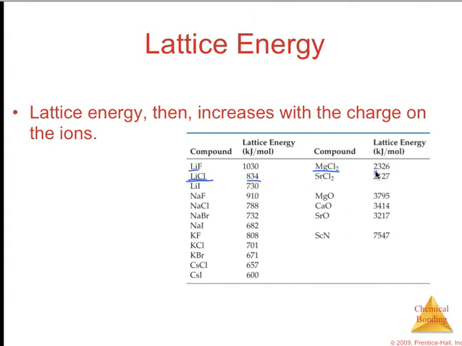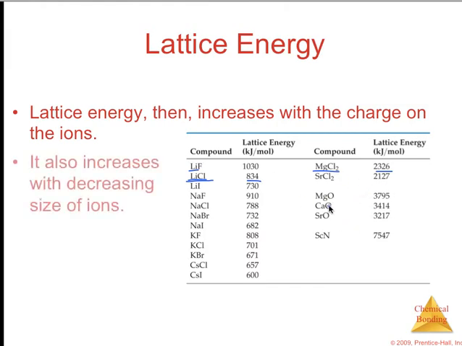Magnesium with the +2 charge is 2,000 kilojoules. So hopefully you can see that as the charge increases, the lattice energy increases. It decreases with the size of the ions.